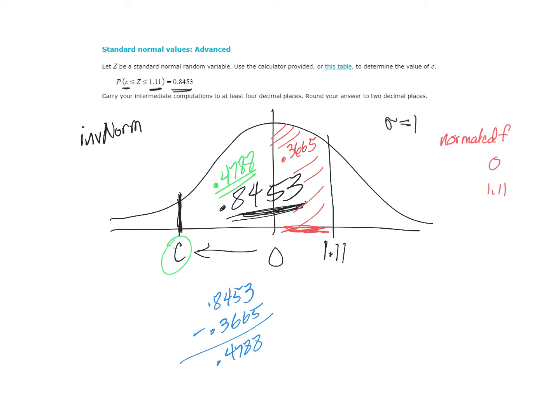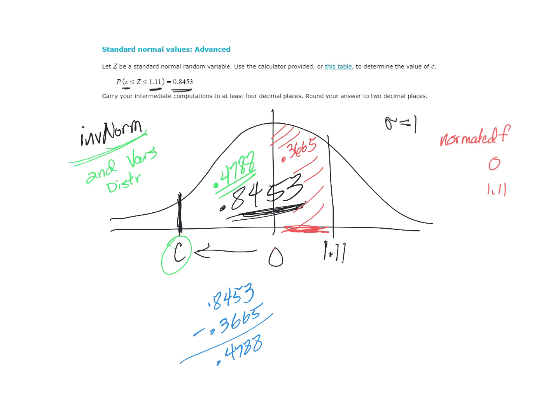All right. So my question is, what is this number right here? So I've got this thing called inverse norm, and you find it by doing what? You go to 2nd VARS, get your distribution, and it's the third one. It says inverse norm.